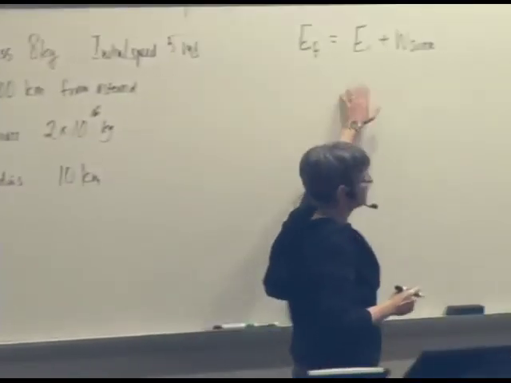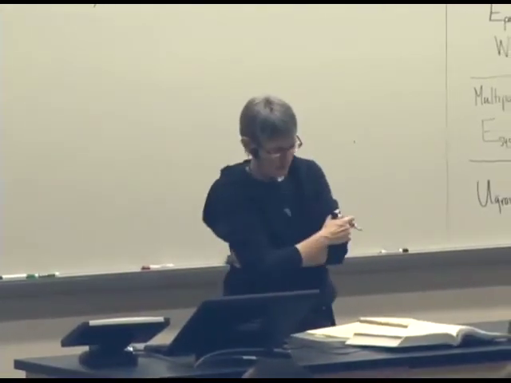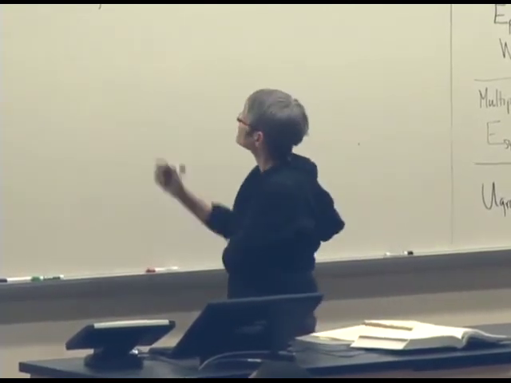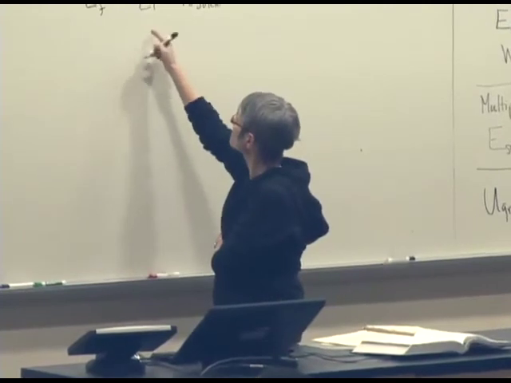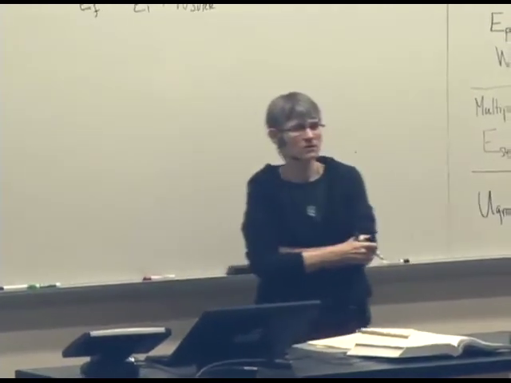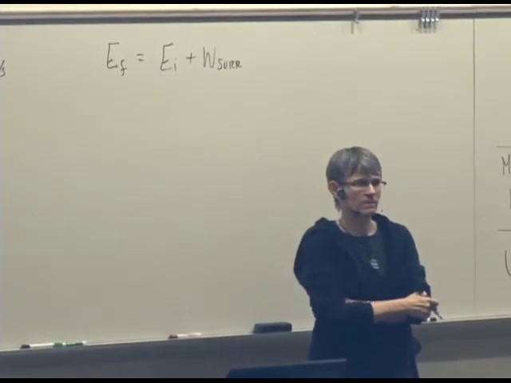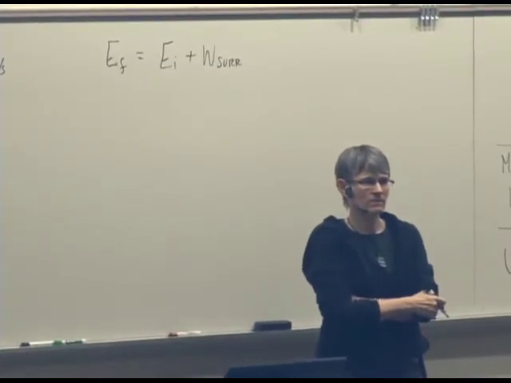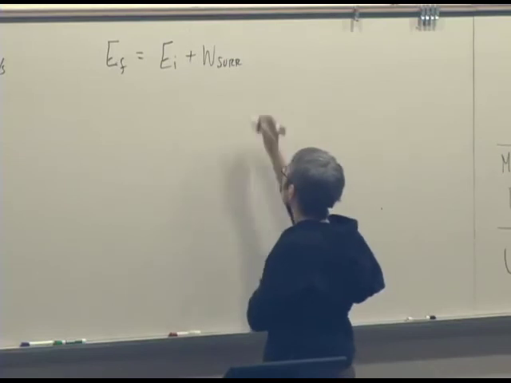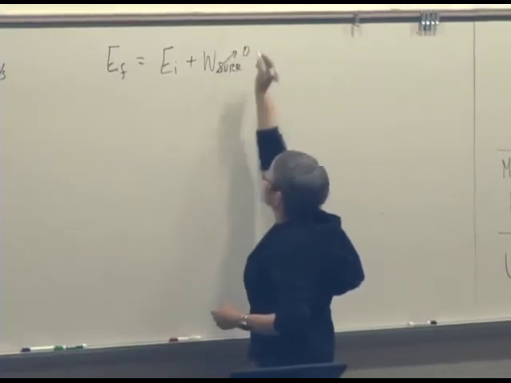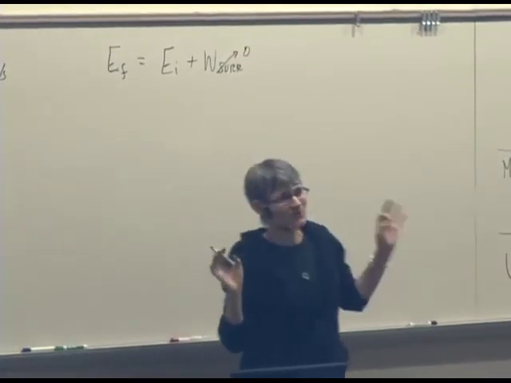Now you're going to have to tell me what to write here for the next step. So, what goes on this side of the equation? Work done by the surroundings is 0. Good. That's a good reason for choosing both things as the system.